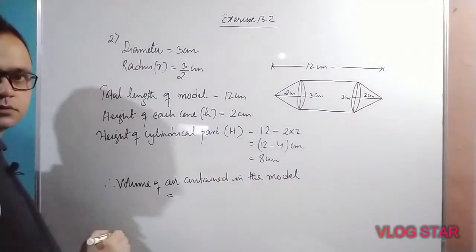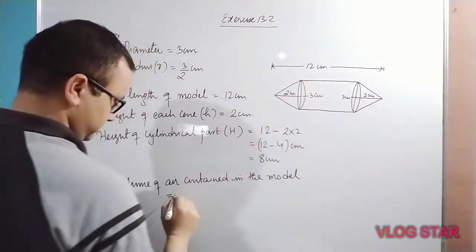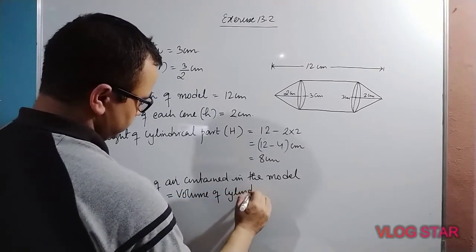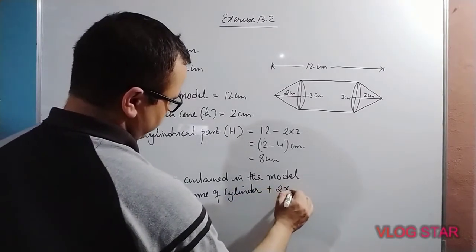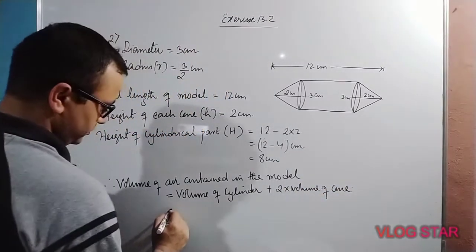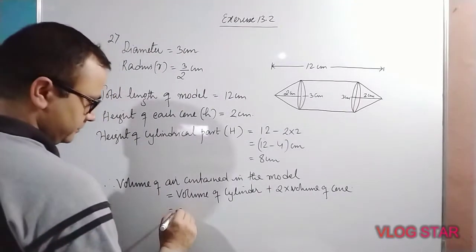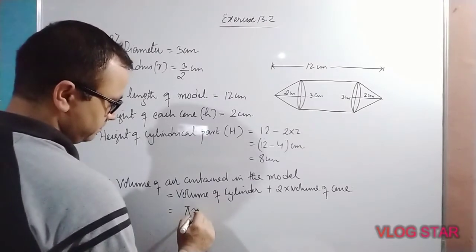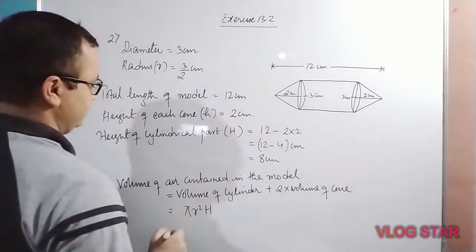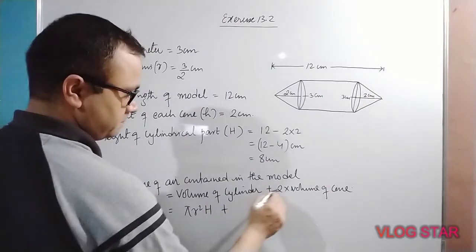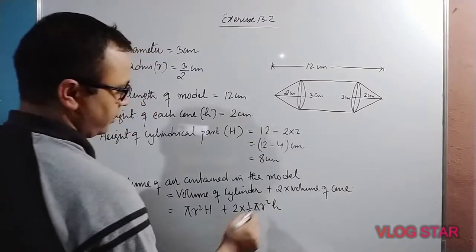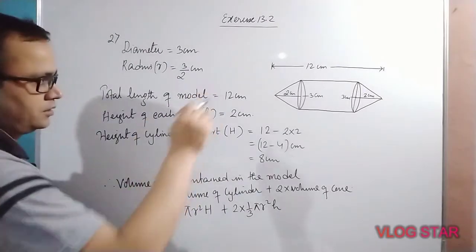It equals the volume of the cylinder plus 2 times the volume of a cone. The volume of a cylinder is pi r square H, where capital H is the height of the cylindrical part, plus 2 into 1/3 pi r square h, where small h is the height of the cone.